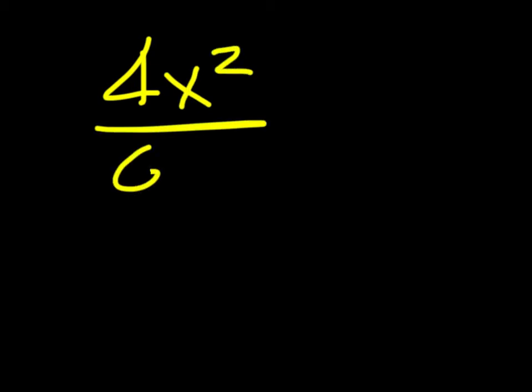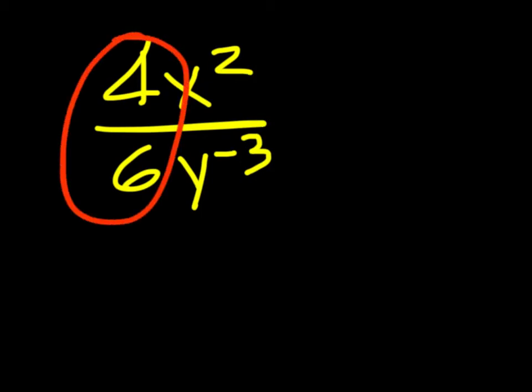Here's an example problem. 4x to the second over 6y to the negative third. Now we've added in coefficients on the number or the variables here. So simplify 4 over 6. 2 goes into 4 twice and into 6 3 times.